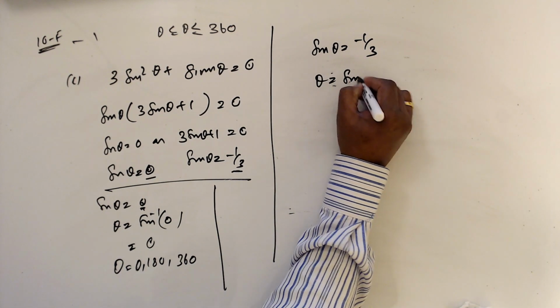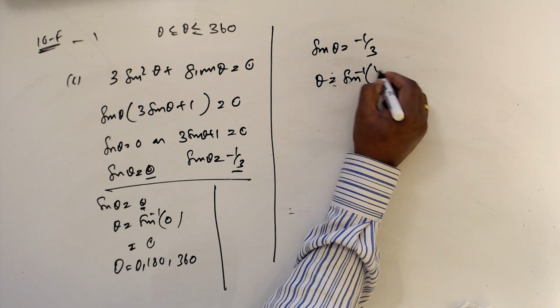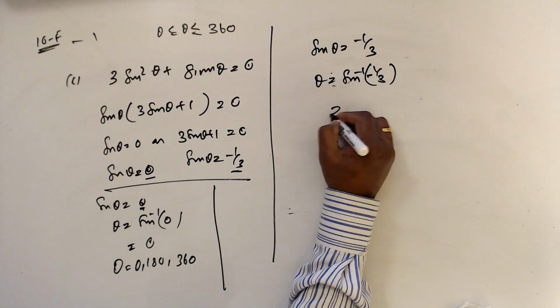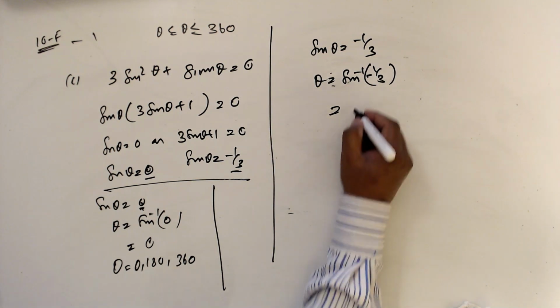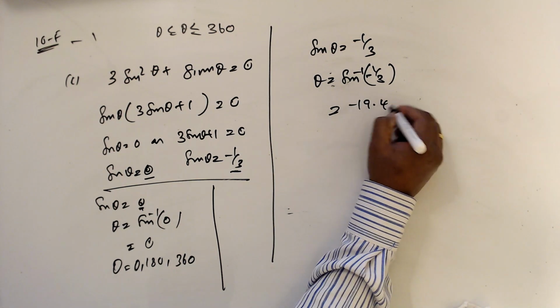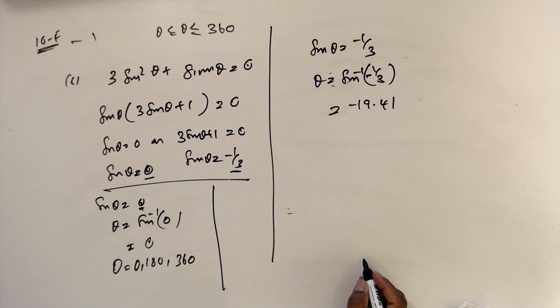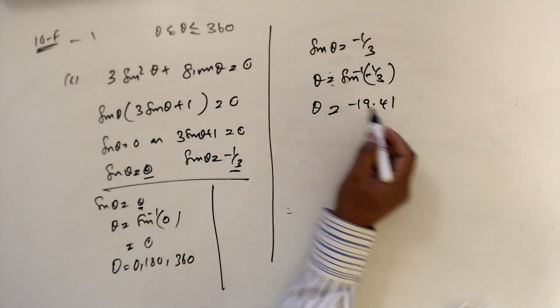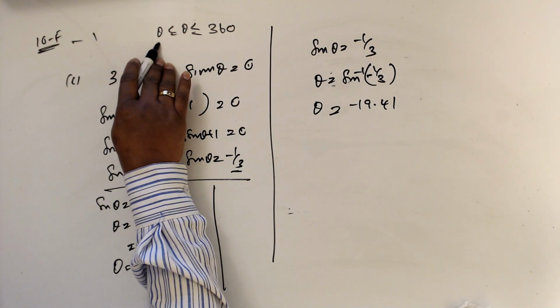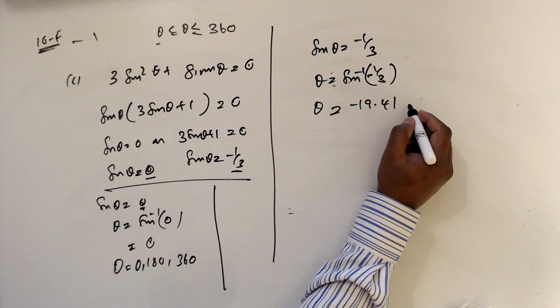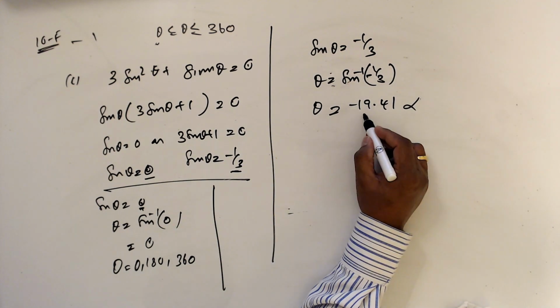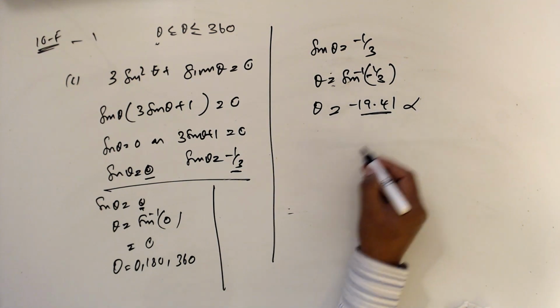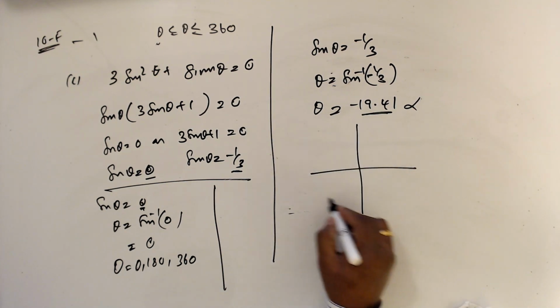Theta equals sine inverse minus 1 over 3. Your answer is 19.41. Now the minimum value should be 0, so this is not an answer. However, this is the acute angle and we can draw the diagram.